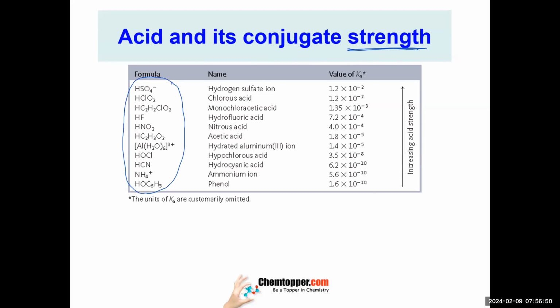Okay, I'm sharing the table for acids and bases. Let's see if I can get it. I think I gave you earlier also. No?